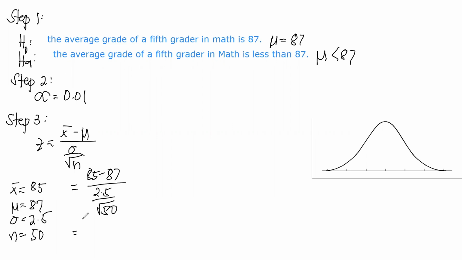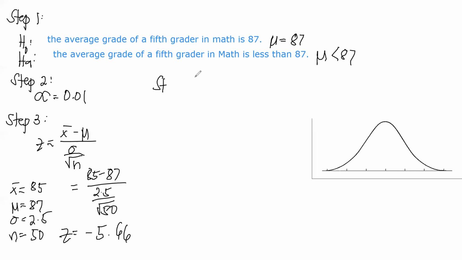Using your calculator, this is the answer to find the test statistic for Z. Okay, so the answer would be negative 5.66.